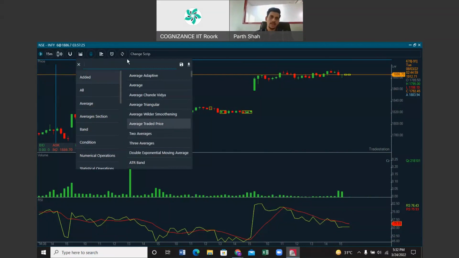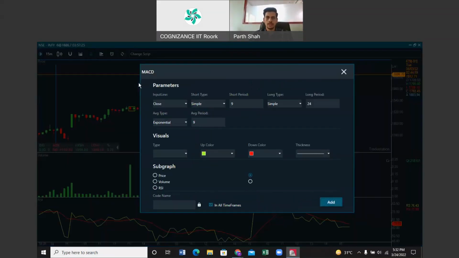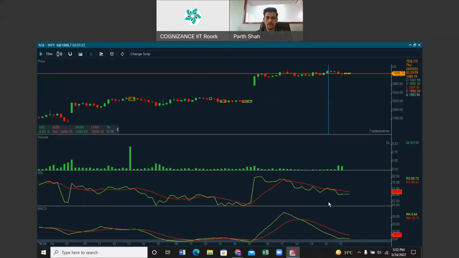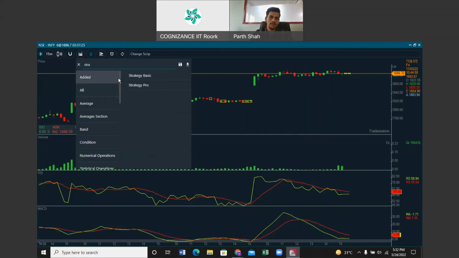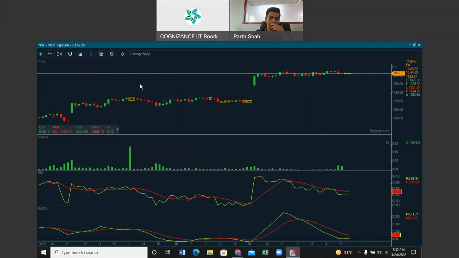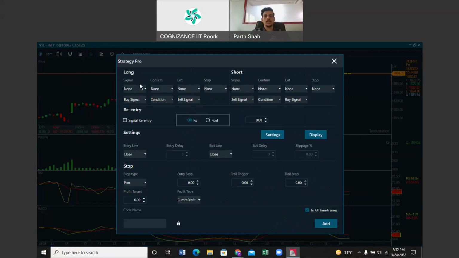So say I want to backtest MACD, I'll add the MACD onto the charts and I'll go to Strategy Pro. This is particularly a chart-based strategy backtesting tool where you can input the signal lines for the strategy and then you can trade.